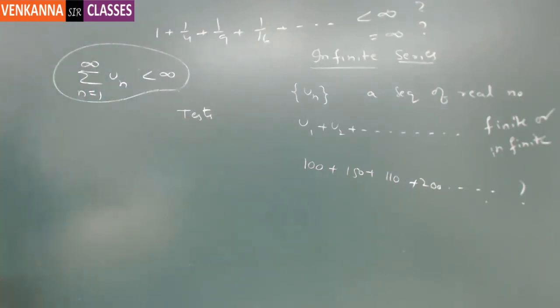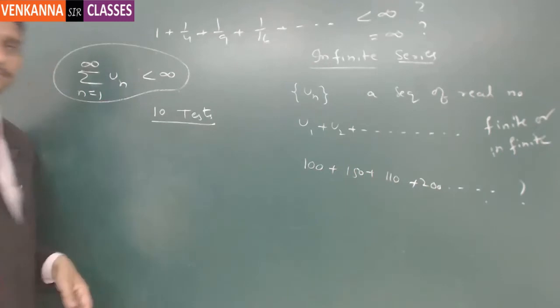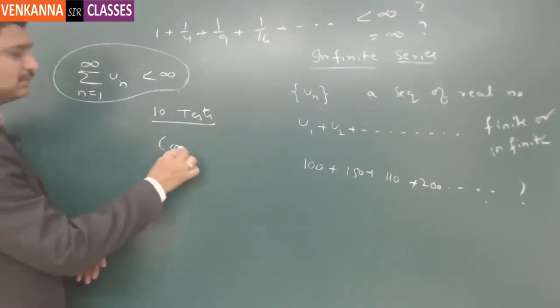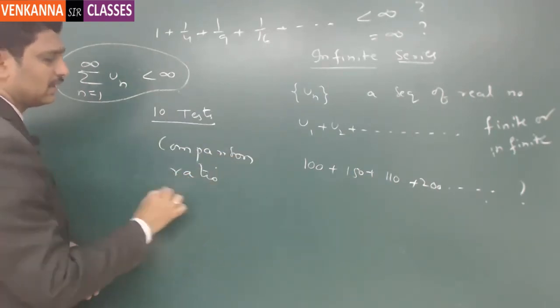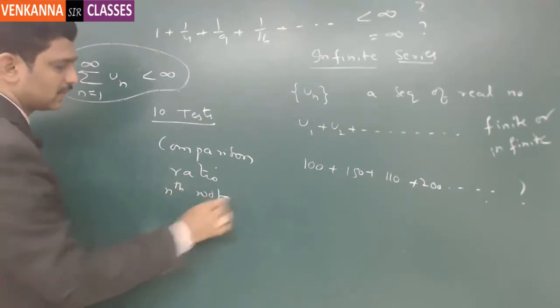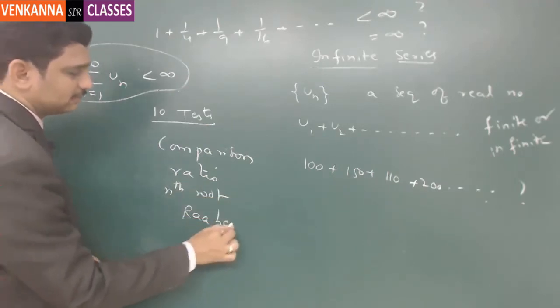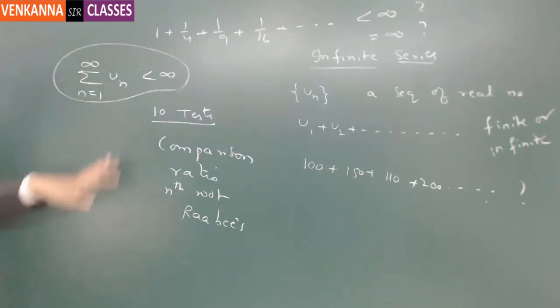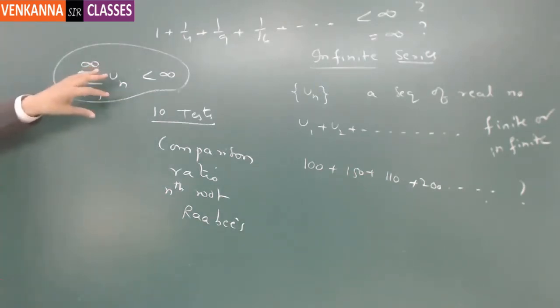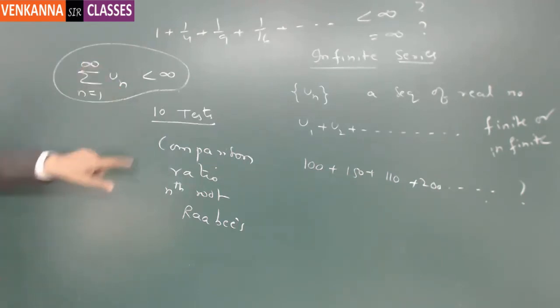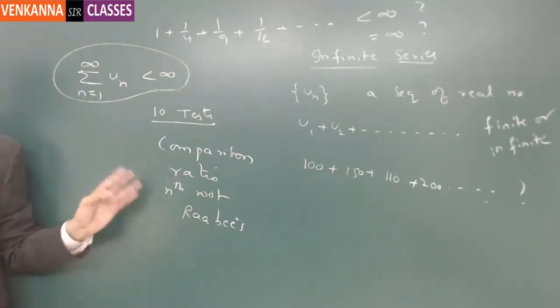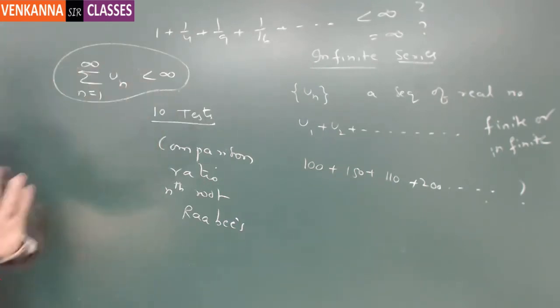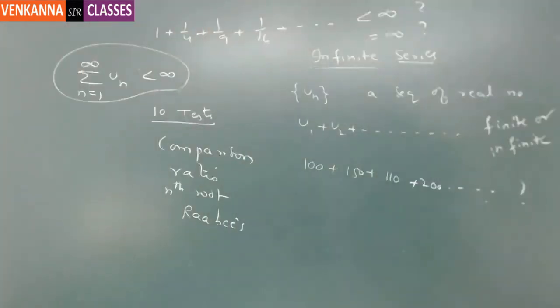So for the whole chapter, you have around 10 tests, like comparison test, ratio test, nth root test, Raabe's test, etc. So on observing the given sequence pattern, we apply one or more tests, and by checking the conditions of the tests, we say that the series is convergent or divergent. That is the whole idea of this chapter. Fine. You please check that.